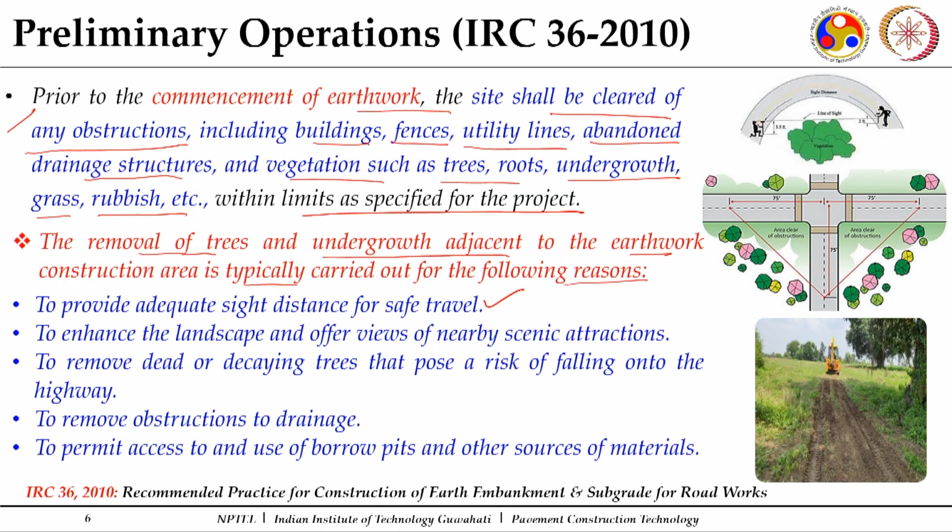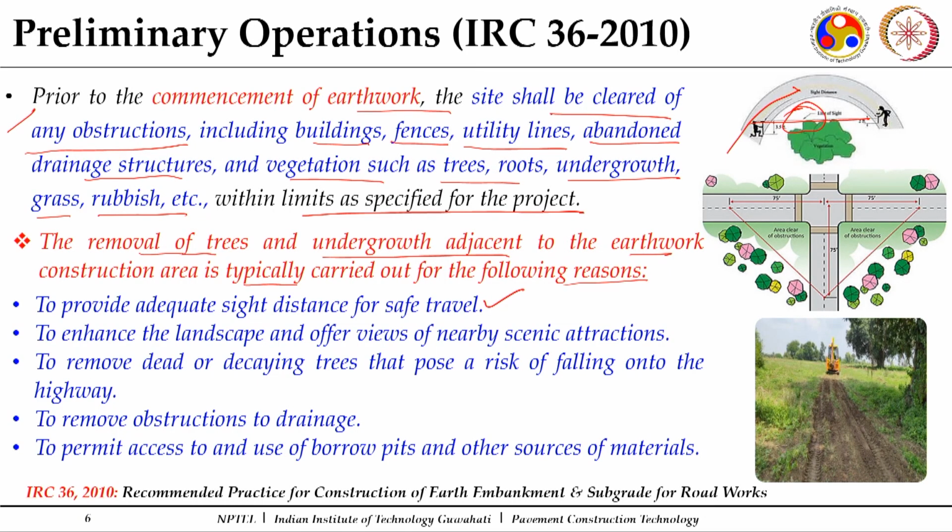If one is traveling on this particular road and there is some obstruction, such as trees, you will not be able to see the person coming from the other direction. So we need to make the line of sight clear, and an adequate line of sight should be made available.